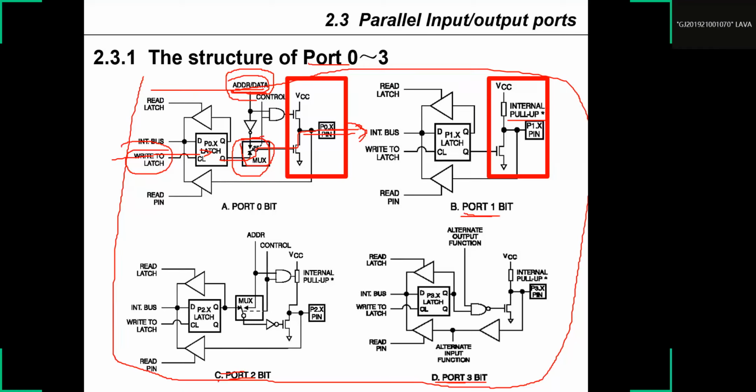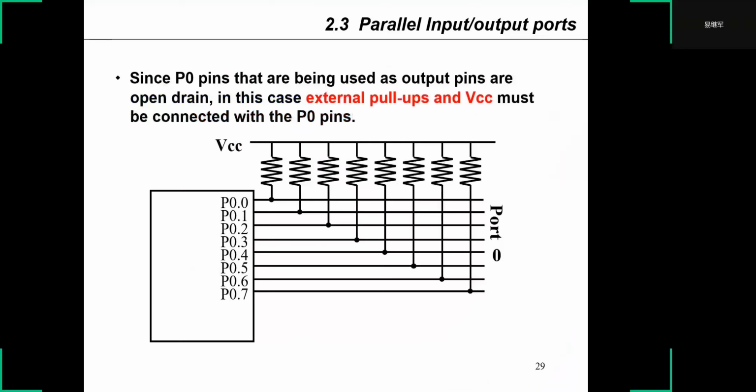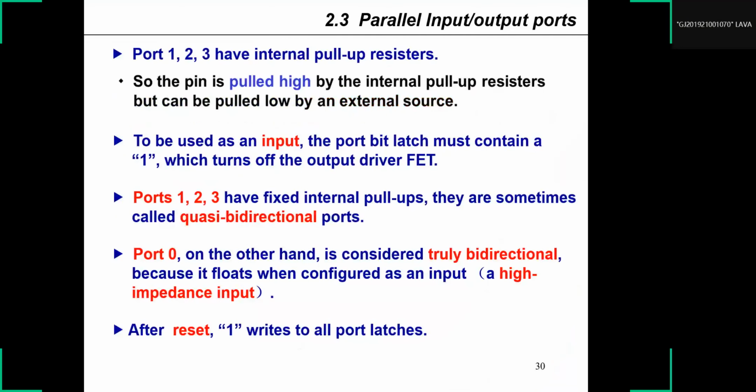Before we can use the input, we need to write 1 to the port. To use as an input, the port bit register must contain 1, which turns off the output driver.